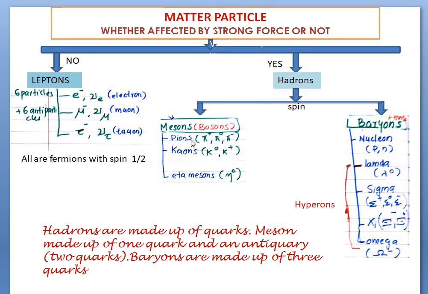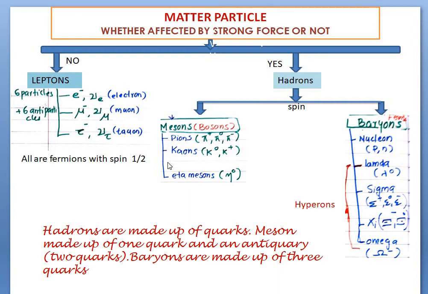They are pions. The pion family has 3 members: pi plus, pi 0, and pi minus. The kaon family has only 2 members: K0 and K plus. And the eta family has only one member, eta 0.